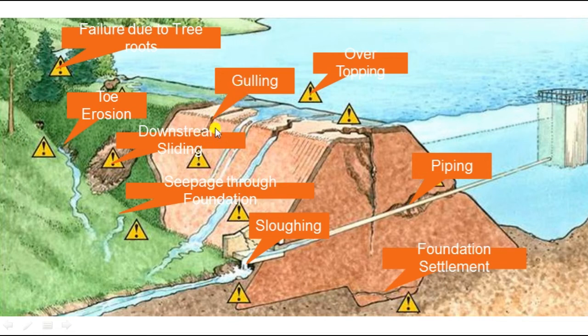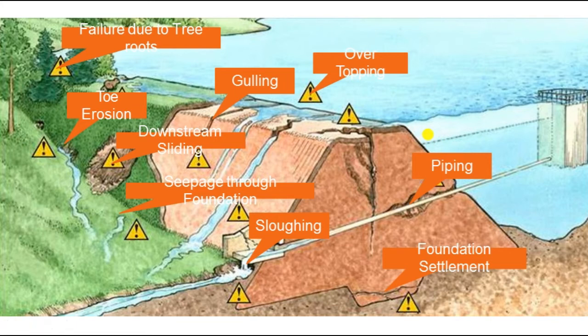It is gullying. Gullying means one type of erosion on the earthen dam embankment. Erosion of the upstream side slope by waves: when waves are generated, they impact our earthen dam, and we know that soil materials are easily erodible by wave action, so the upstream side slope is eroded.